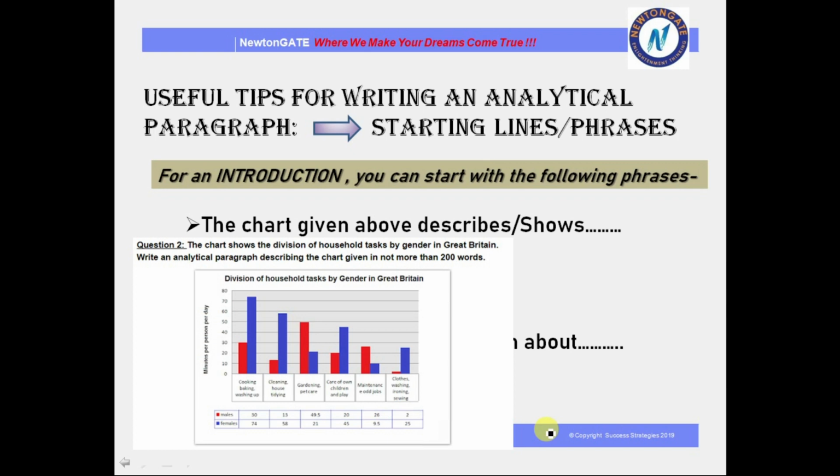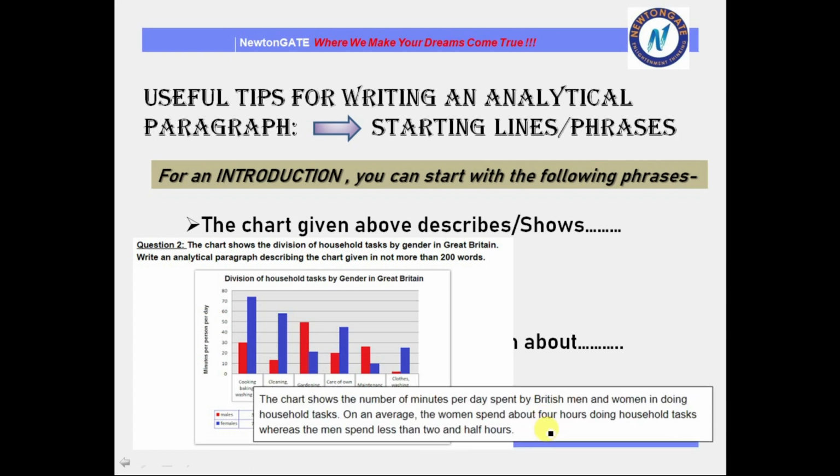So following the trend, what can we write in the introduction? The chart shows the number of minutes per day spent by British men and women in doing household tasks. On an average, the women spend about 4 hours doing household tasks, whereas the men spend less than 2.5 hours. So this is depending on the chart I have pointed out.